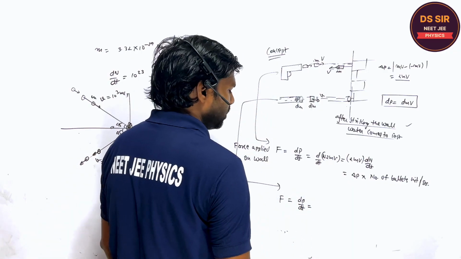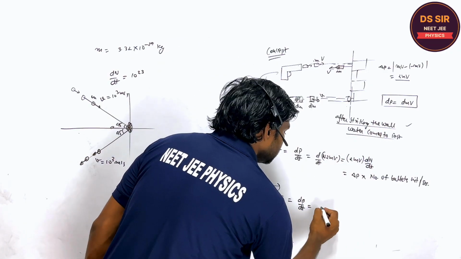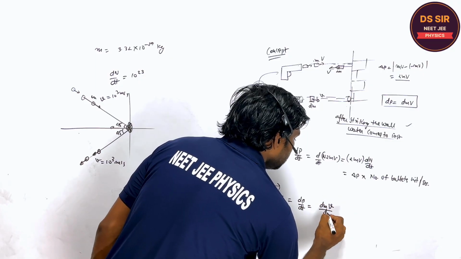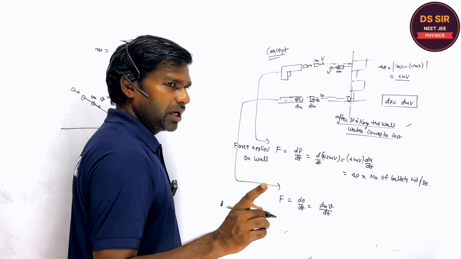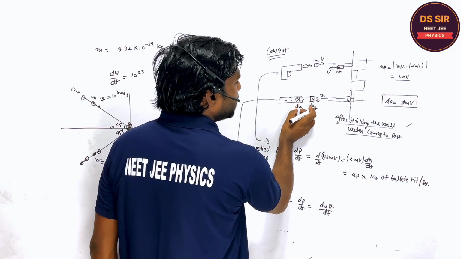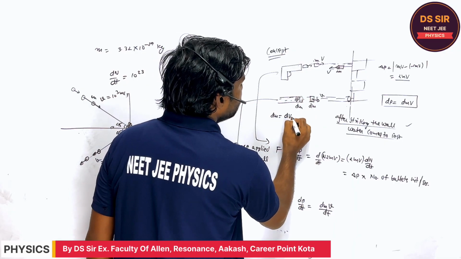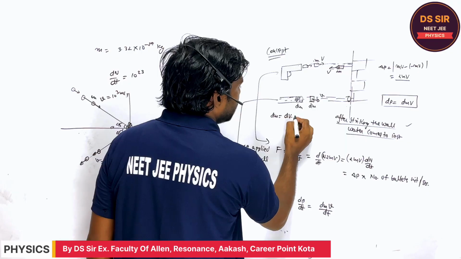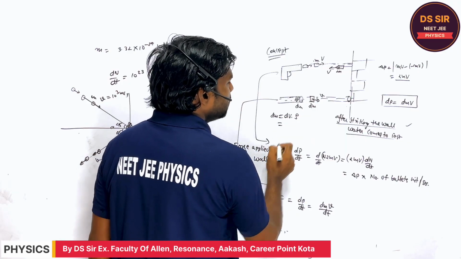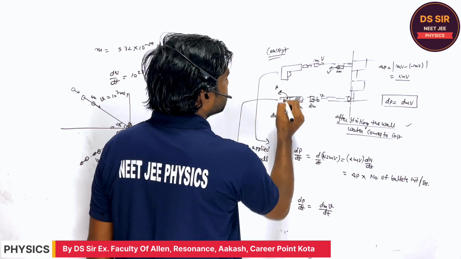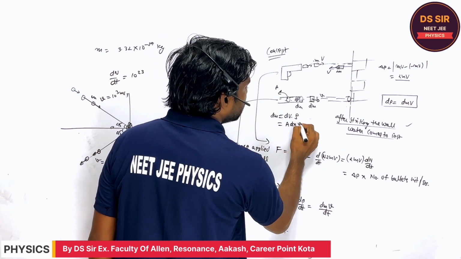Are you getting or not? So the momentum changes dm into v, v is the speed, upon dt. What is dm? dm is the small elemental mass. dm is equal to volume dv into density. What is the volume? Say area. The area of this drop is A into dx into rho.